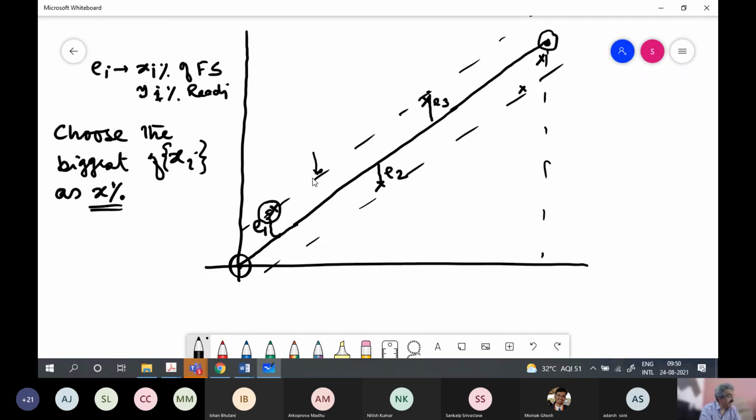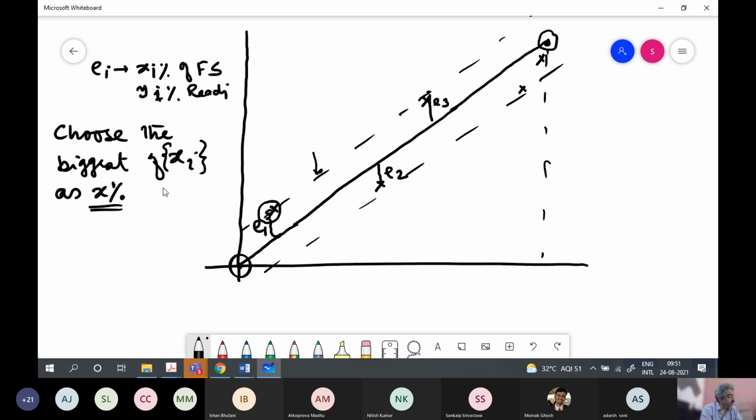then the question is, see, the error at each point must be within X% of full scale or Y% of reading, whichever is larger. So here, if we don't choose this one, then it will certainly fail.